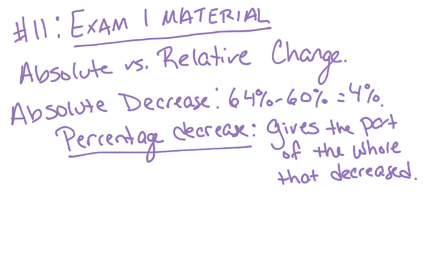This percentage decrease goes, okay, what's the percentage decrease of going from 64 to 60 when this is your whole? So we're ignoring the other amount to get to 100. We're just focusing on what change happened within these numbers. So then that's more of the relative change.